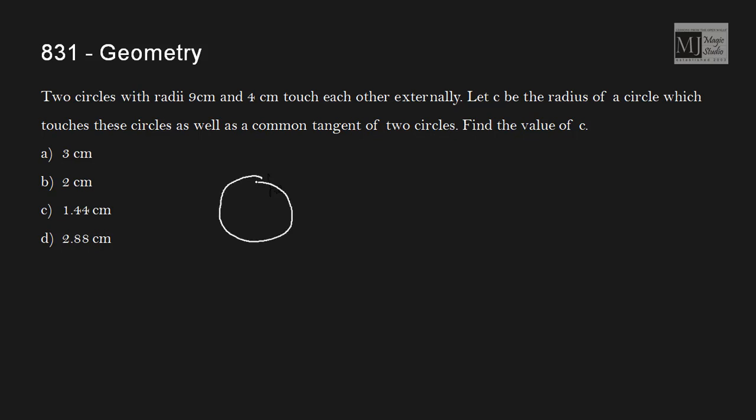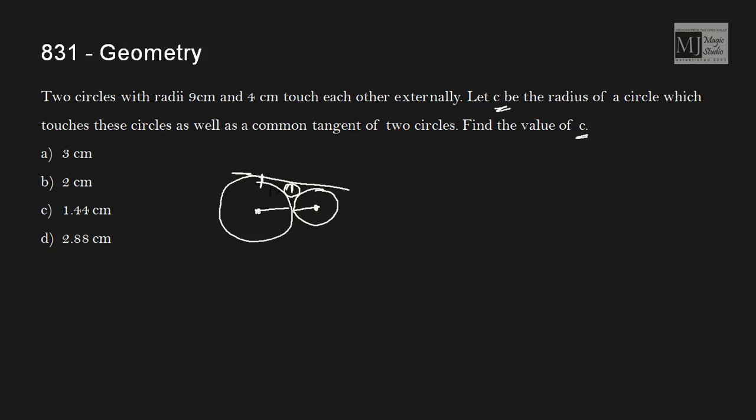We have a circle with radius 9 and a small circle with radius 4. Now we have a common tangent. There is another circle which touches these two circles and the common tangent. The radius of that circle is C. Then what is the value of C?